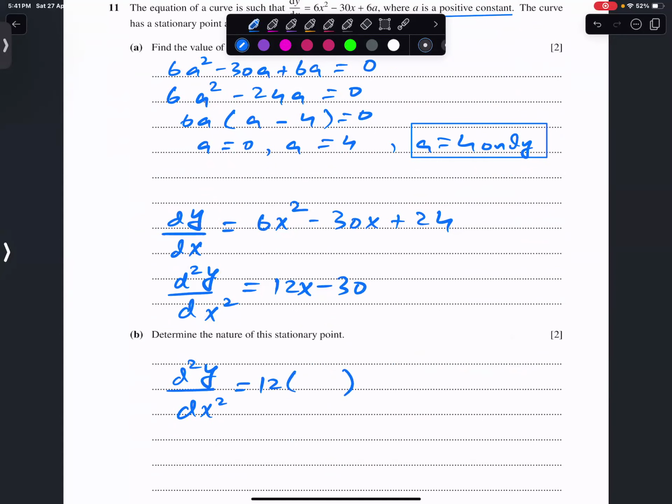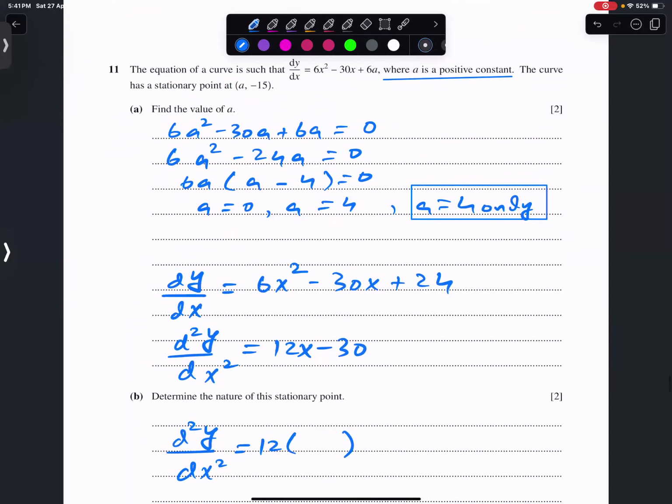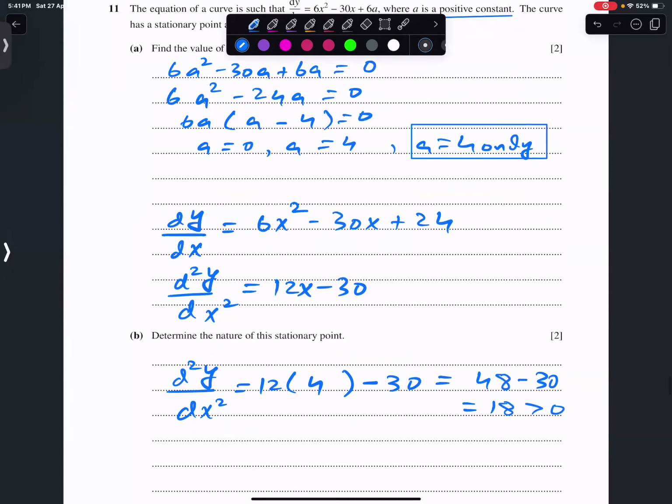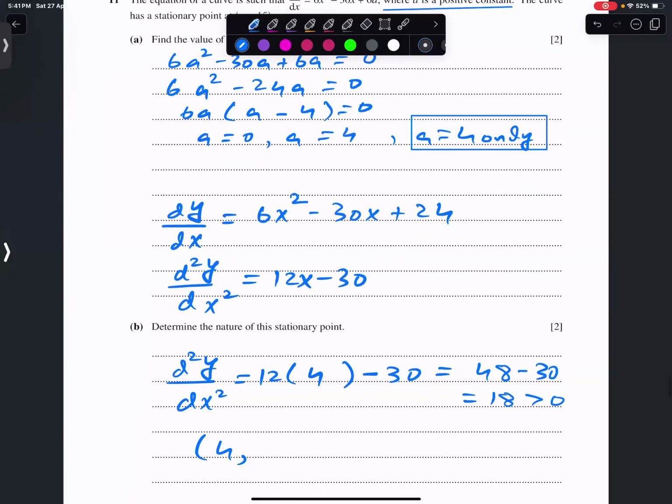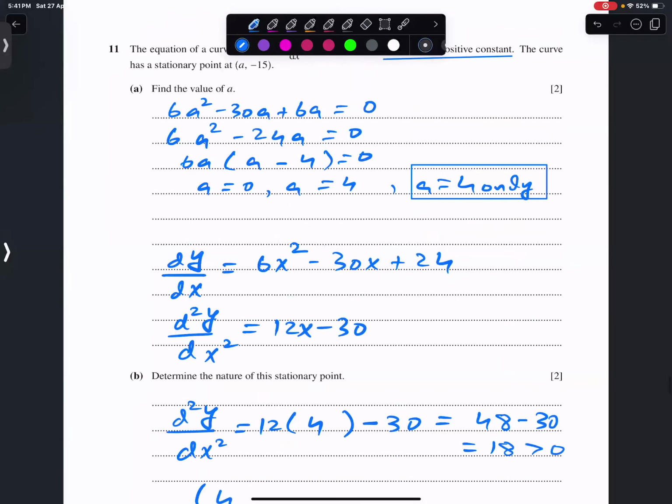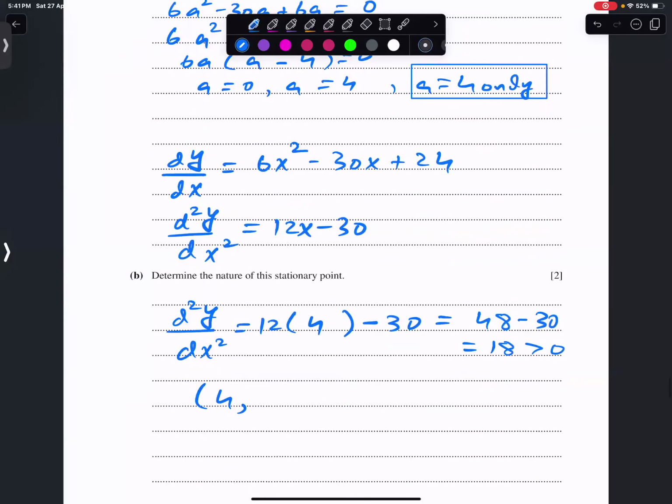What is your x? Your x is a, and that is 4. 48 minus 30 will be 18. If the double derivative is positive, what happens? Minimum. So this is a minimum point.